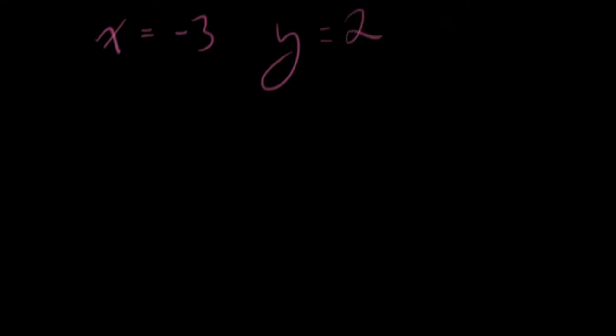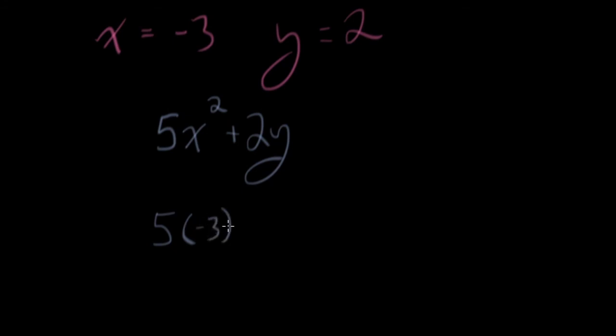And let's just say the question was 5x squared plus 2y. So this would be 5 bracket negative 3, and that is being squared like that. Plus 2 times in brackets 2.